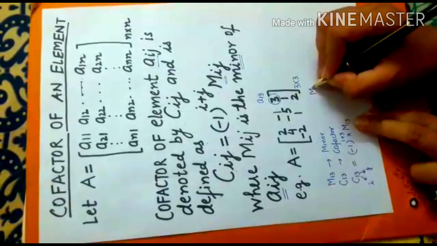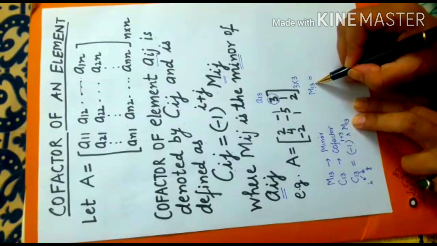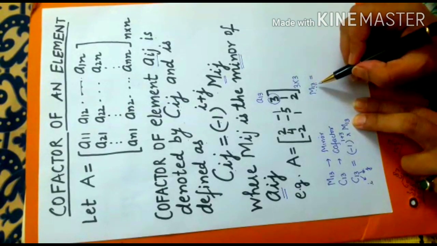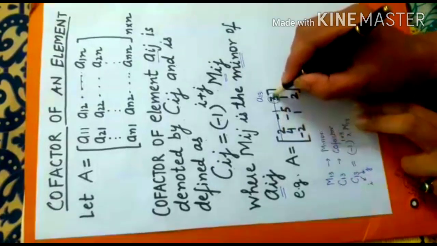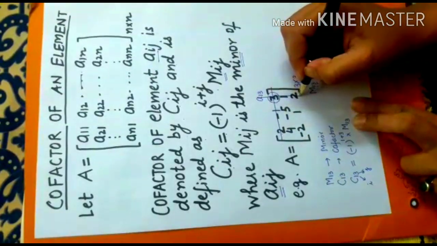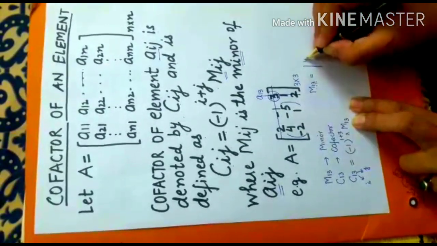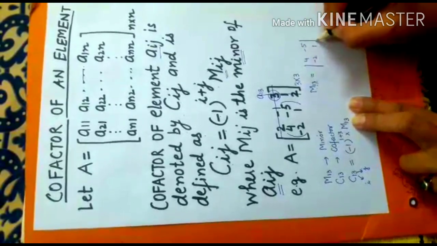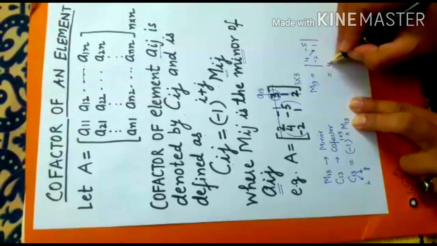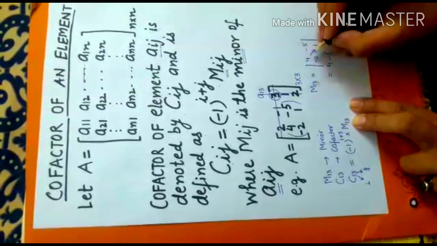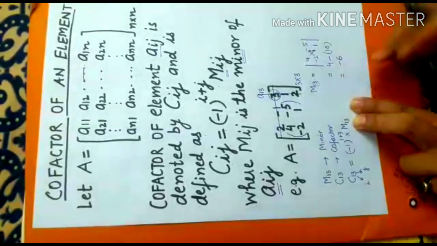Now I have to find M13. By definition, M13 is the determinant of the submatrix obtained by deleting the first row and the third column, that is this submatrix. The determinant of this submatrix is M13, which equals the product of these two, which is 4, minus the product of these two, which is 10. So it is -6.